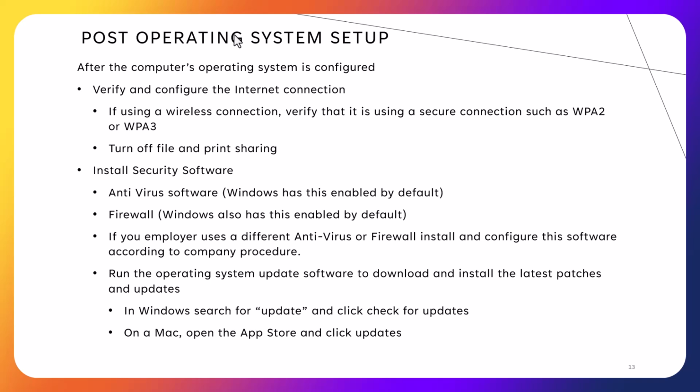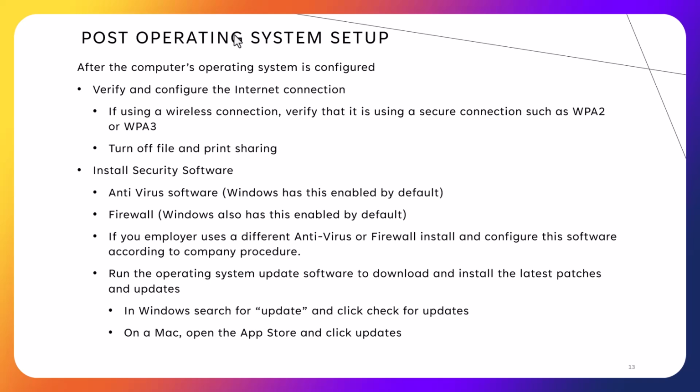After the computer operating system is configured, so you're now sitting at the computer, the system may again have to connect to your wireless or to your wired network. If you're using Wi-Fi, try to verify that it's using WPA2 or WPA3.